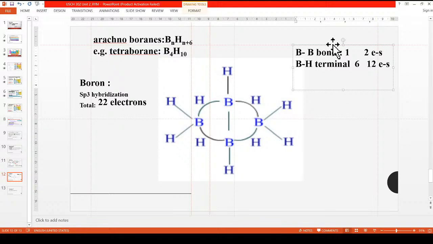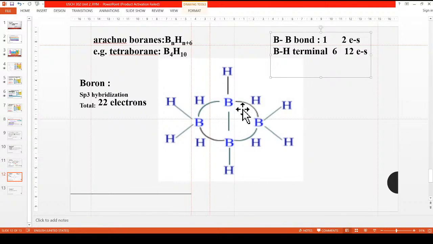Then the number of boron-hydrogen-boron bridges. This is one bridge, this another bridge, so total four bridges are there.